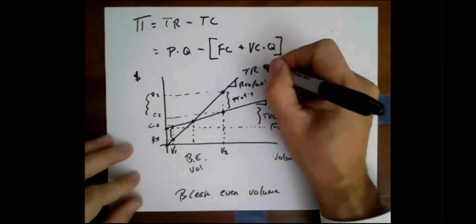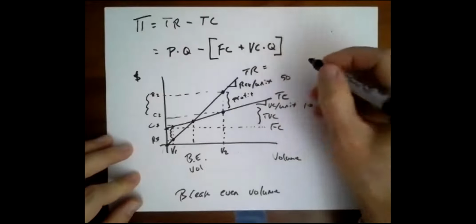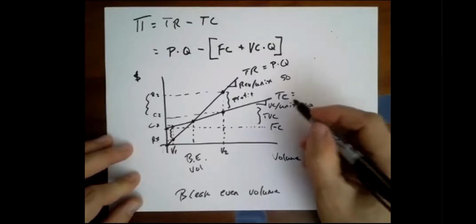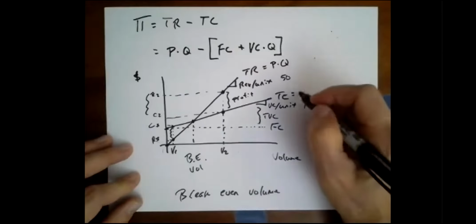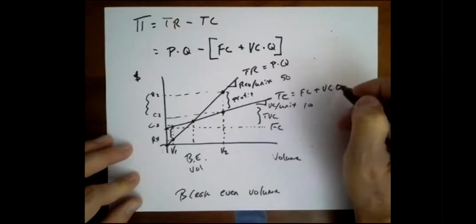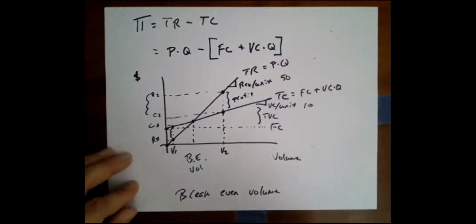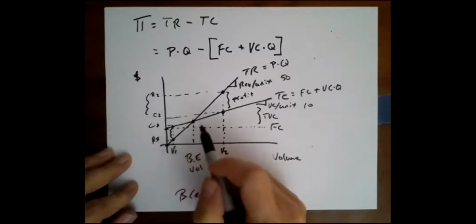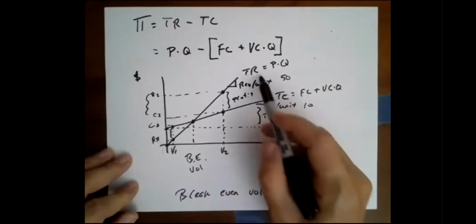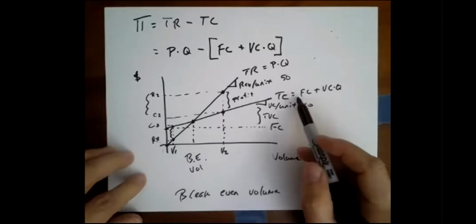Okay, so the formula for total revenue, remember, is price times quantity. And the formula for total cost is fixed cost plus variable cost times quantity. Right. So the point here at break even is where the two lines are exactly equal. So that means total revenue is equal to total cost.